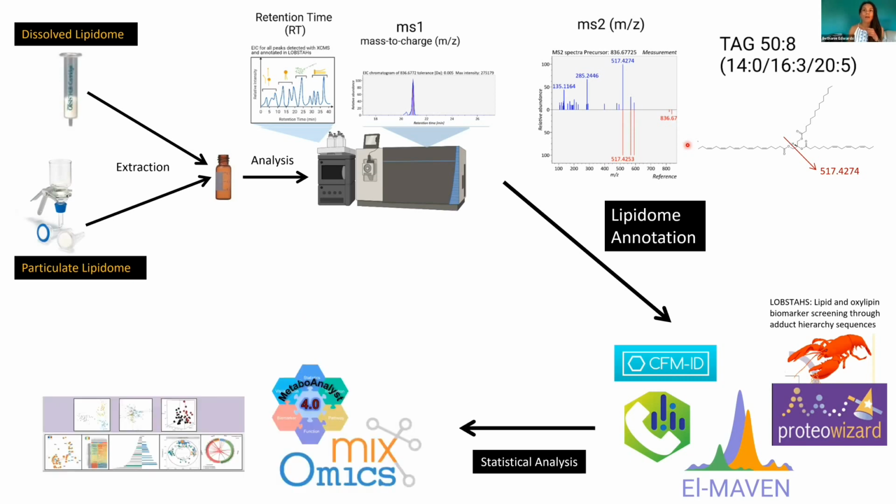So once you have your confidently annotated lipidome, you would move on to statistical analysis, usually using multivariate analysis or machine learning to tease apart these really large data sets.